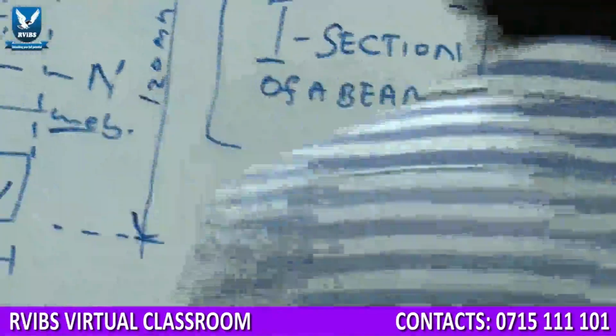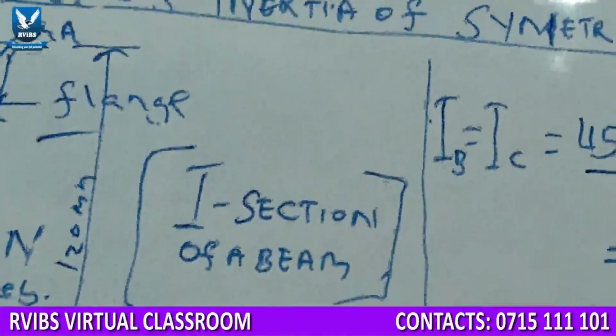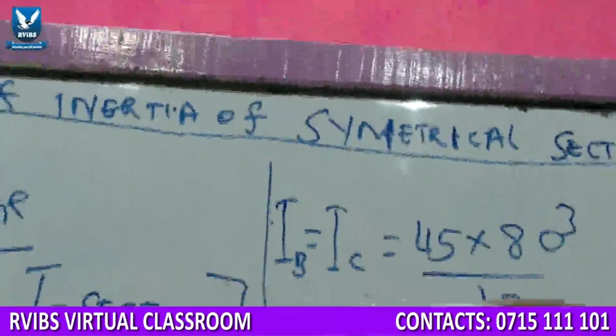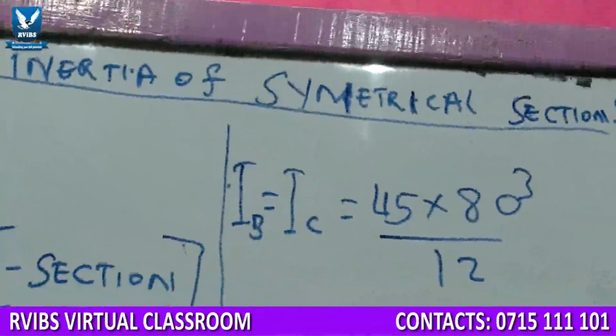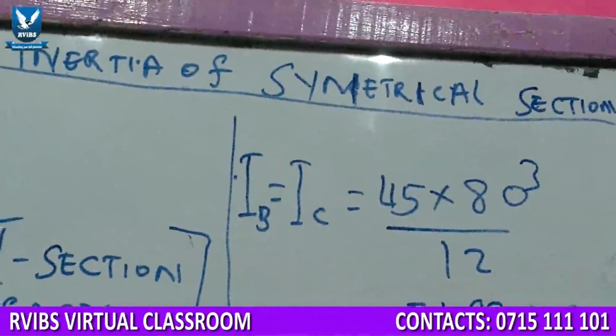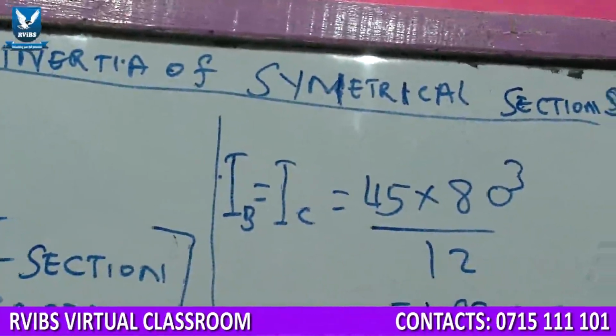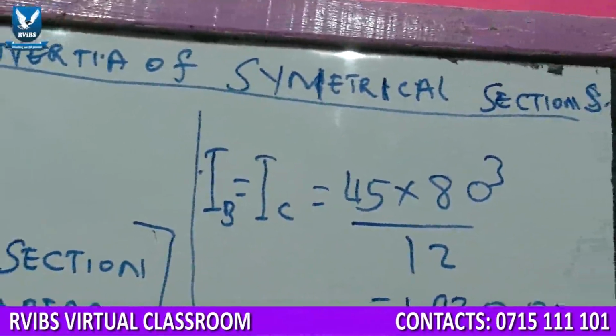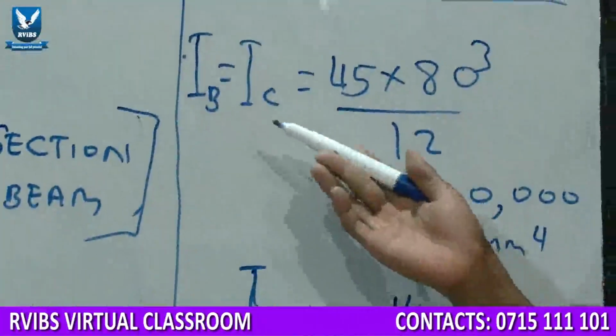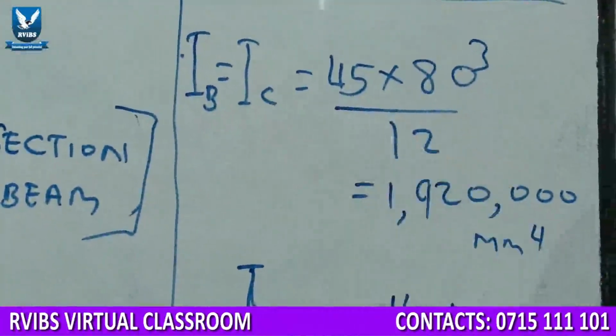Coming to the other part, rectangles B and C. As you can see from the diagram, rectangle B and C are similar, and the moments of inertia of both rectangles will be similar.